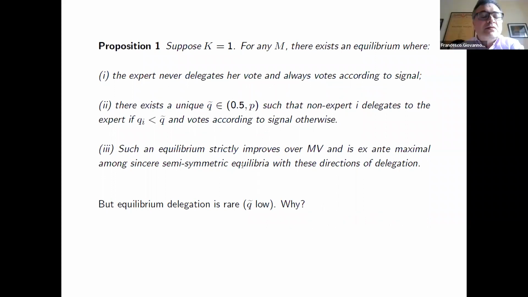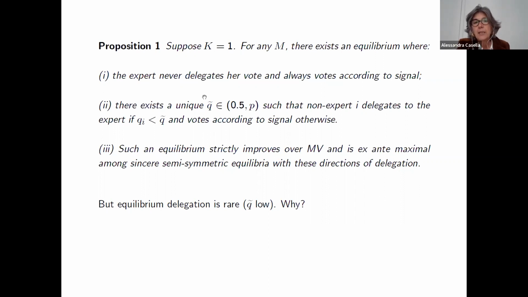Just to have a sense of what the equilibrium looks like, consider this case of K equal 1. There is a single expert. Then for any number of non-experts, there is an equilibrium where the expert never delegates and always votes sincerely.